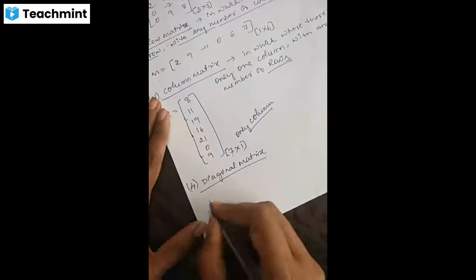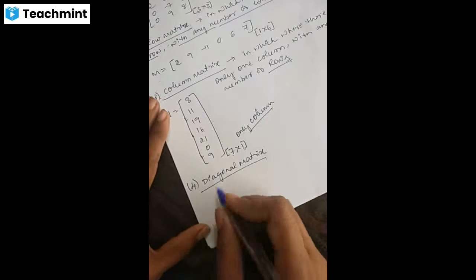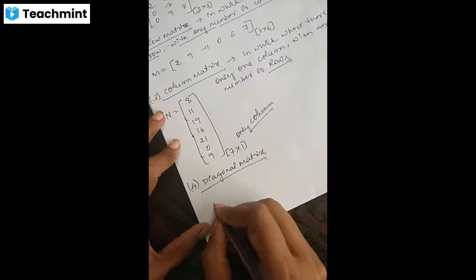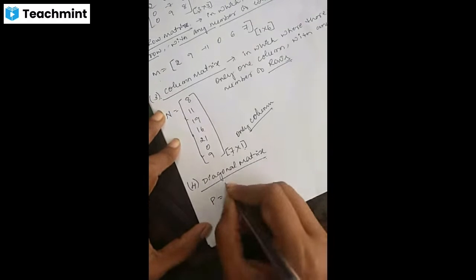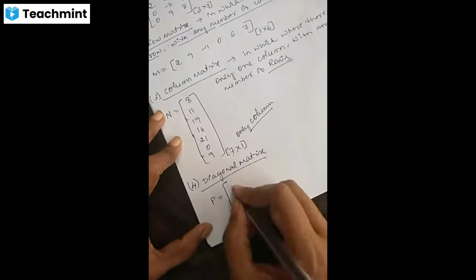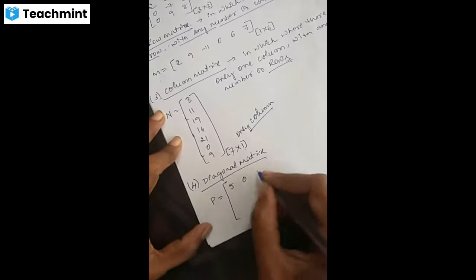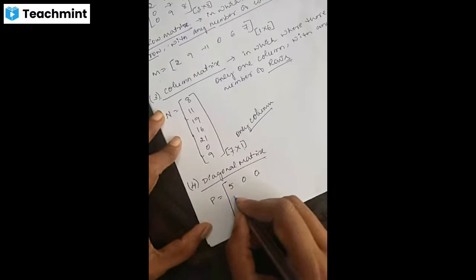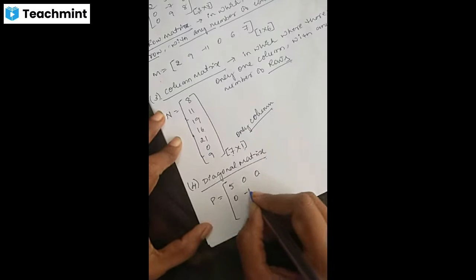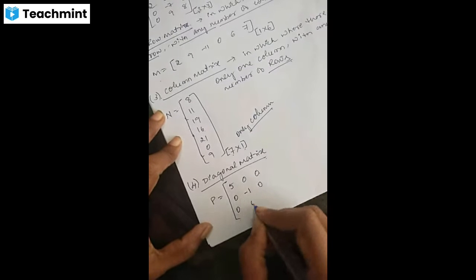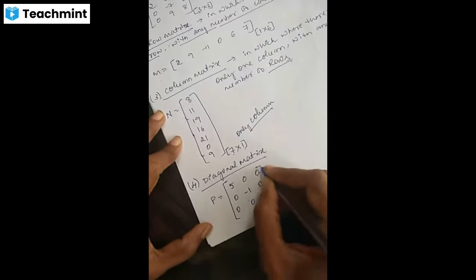First, let us take up an example, then we'll move on to the definition. Let us consider matrix P: 5, 0, 0, 0, minus 1, 0, 0, 0, and 9.